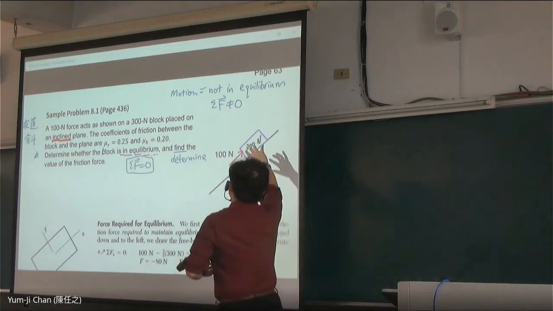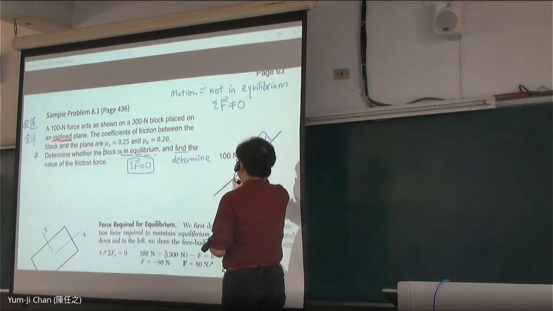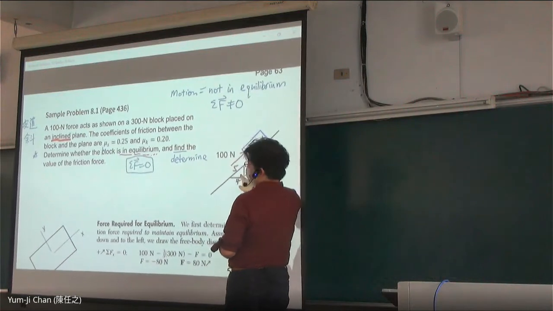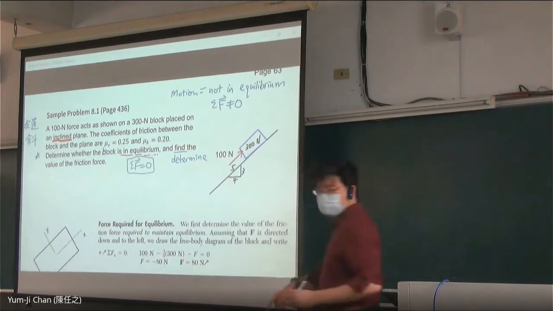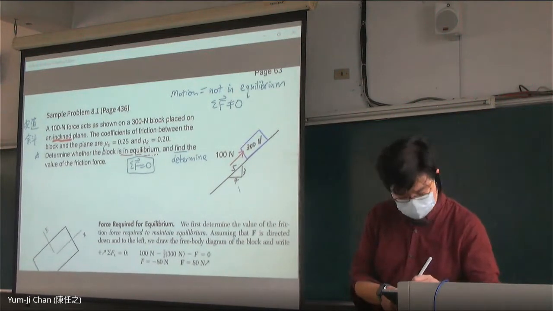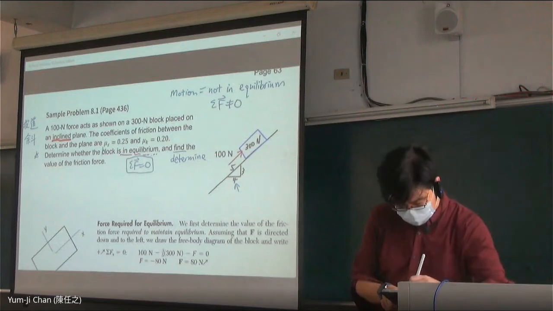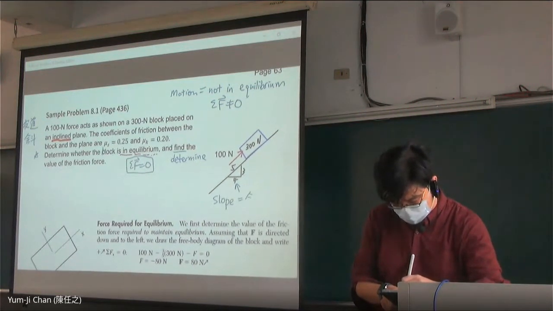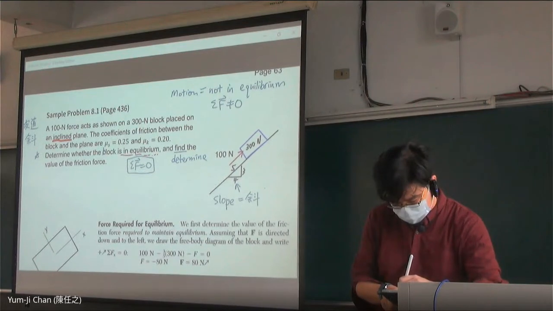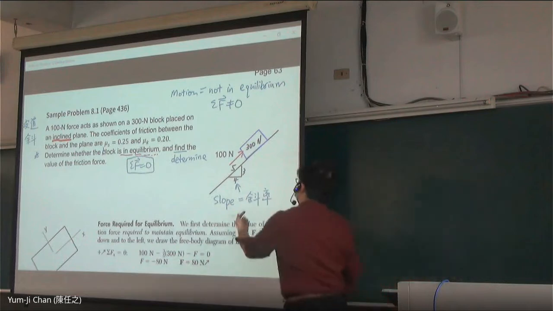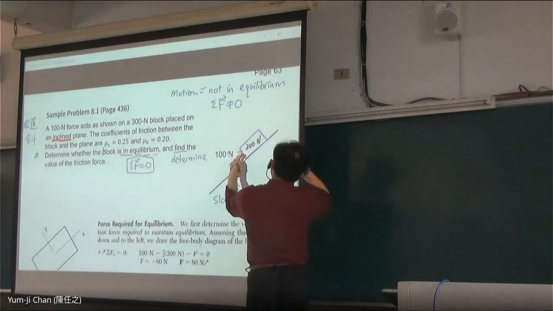So there is a 300 Newton force here, and the incline, we know the slope of the incline plane. I'm not sure whether you know the word slope. Slope means 斜率. And we have a 100 Newton force pushing up here.